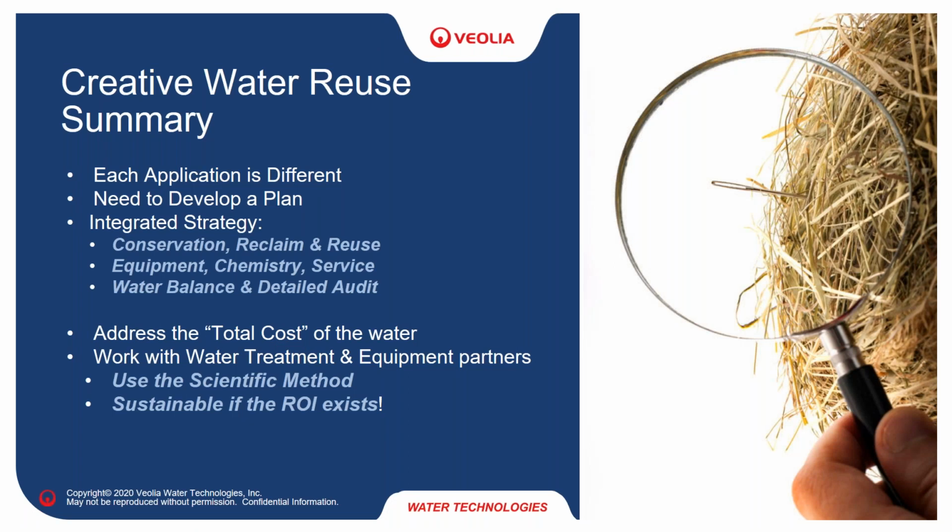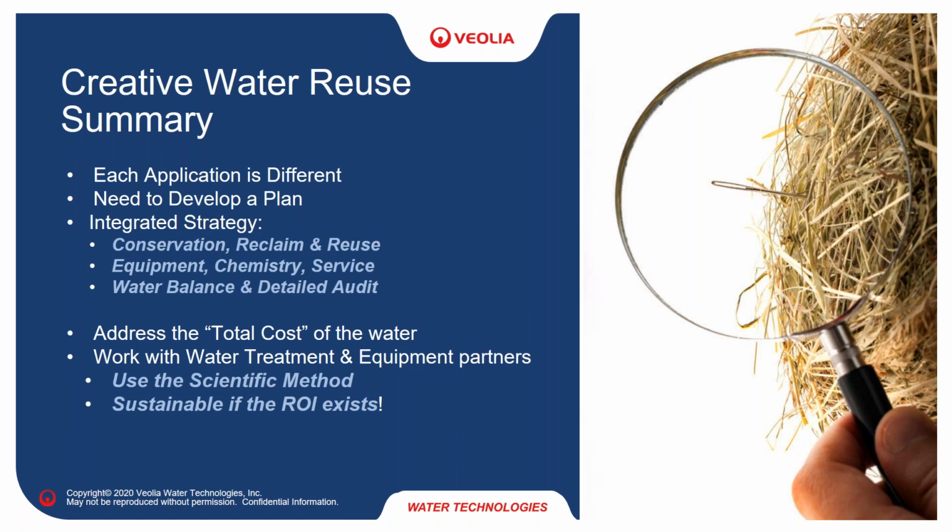So let's just summarize what we've talked about. We've talked about a couple of key factors. Each of you that are on the webinar here today will have a different set of circumstances, and your needs and approach will have to be different. But in every one of your cases, you will need to develop a plan. And that plan should have in it an integrated strategy that first and foremost looks at conservation, reclaim, and reuse for every opportunity that you identify, through a combination of equipment, chemistry, and service.